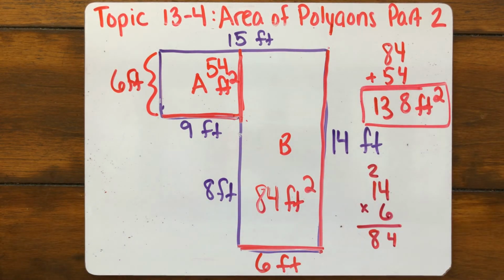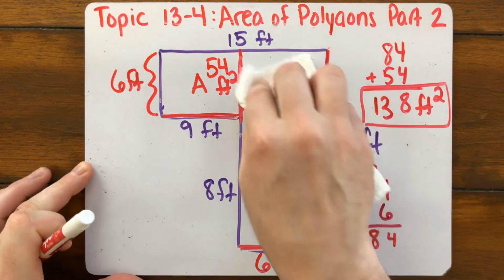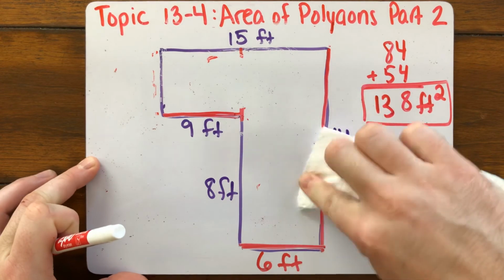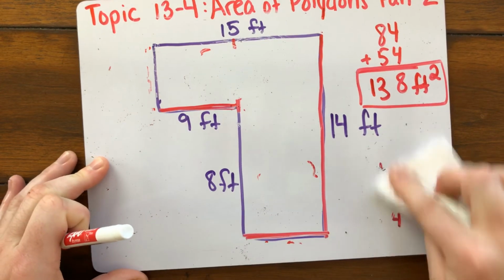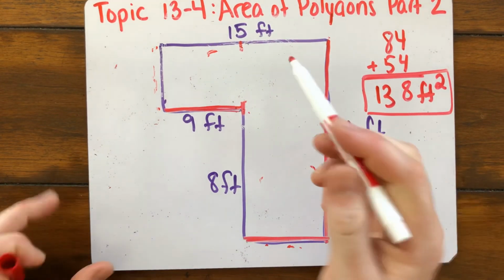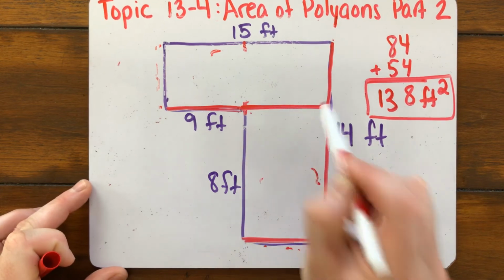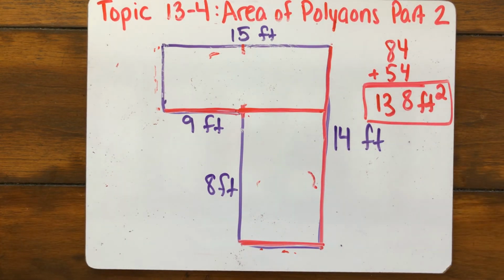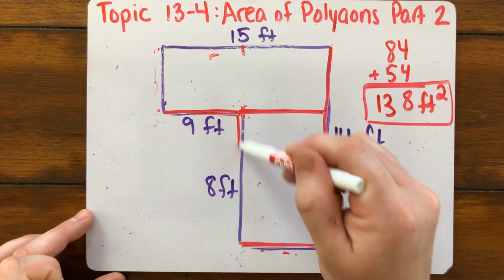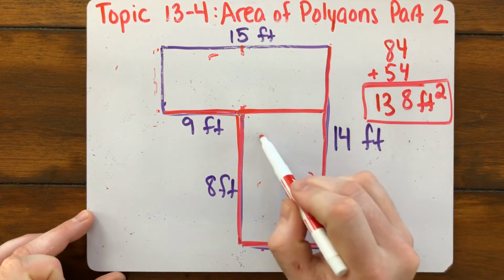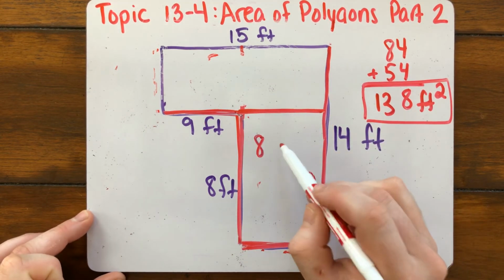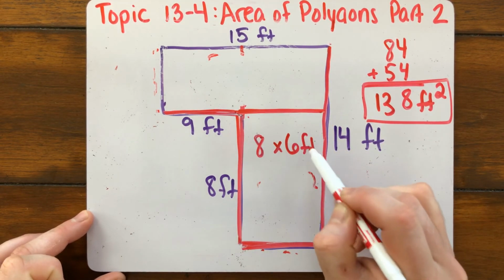Now, if you had instead broken it up the other way, let me erase this real quick. Okay, if you had broken it up like this instead, you would still get 138 feet squared, because you would have 8 times whatever this is, it's 15 minus 9, 8 times 6 feet.